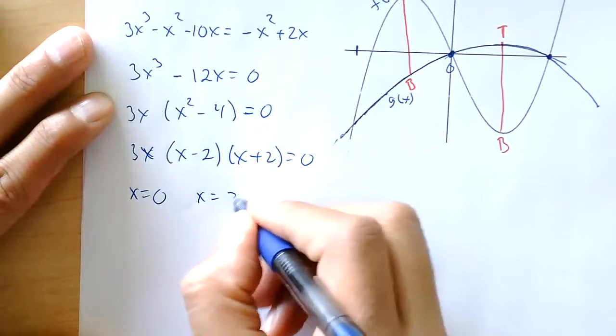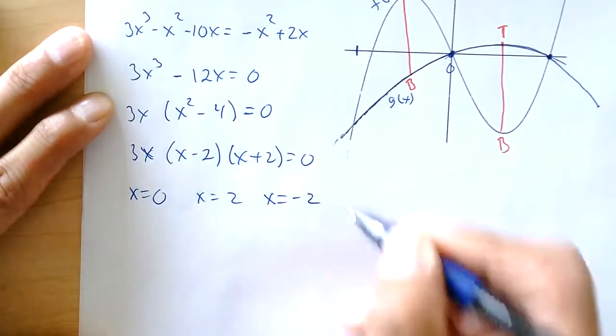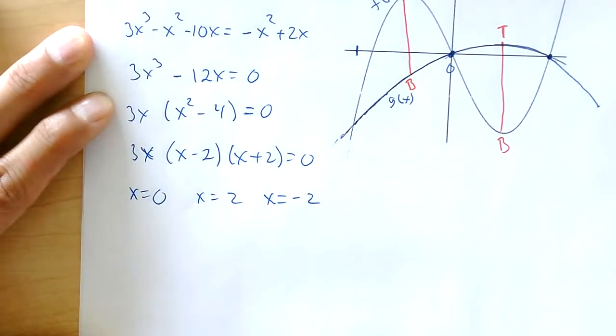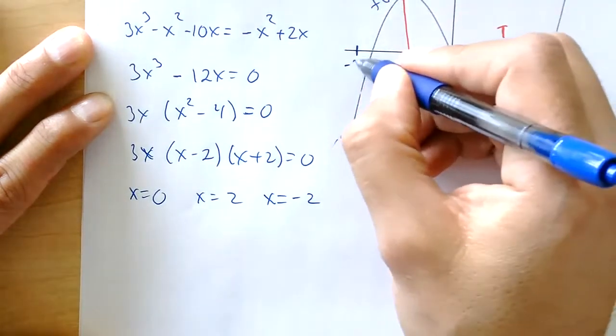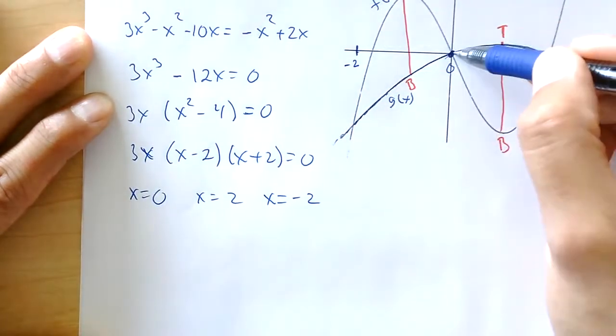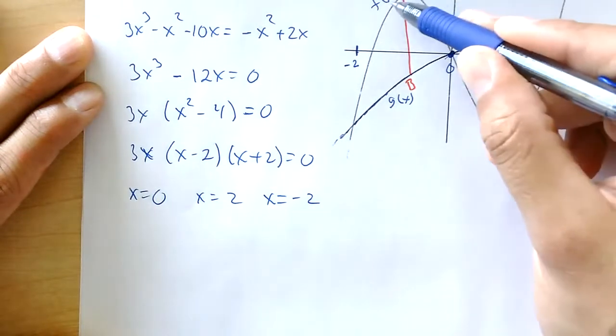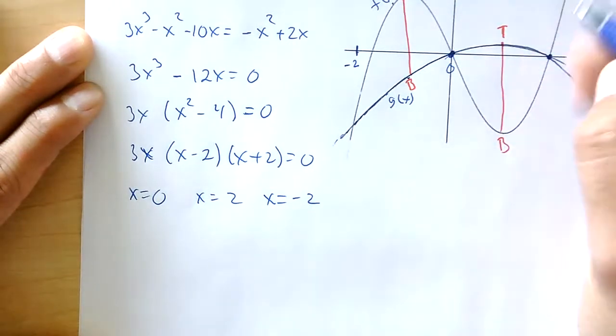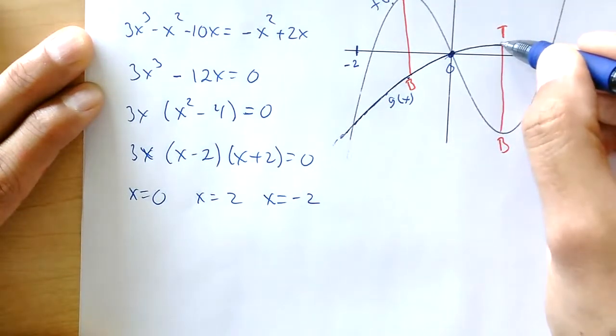Zero, 2, and negative 2. So that gives me the limits are going to be from negative 2 to 0, f minus g, and from 0 to 2, the g minus the f.